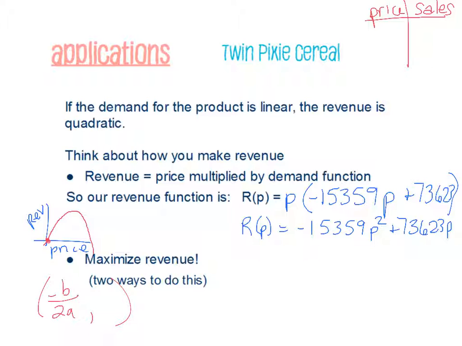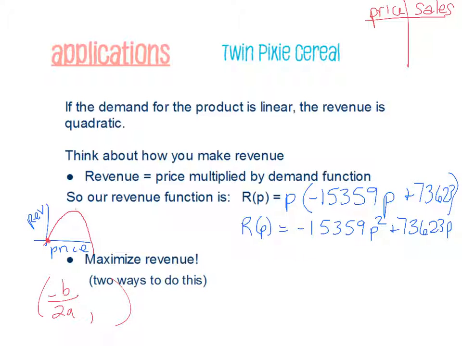Let's review how to do that from previous classes. Your calculator can find this maximum. What you need to do is type in this equation, or this one, doesn't really matter, into your y equals. If you go into y equals, type that in, your bigger issue is going to be finding a window that matches it.